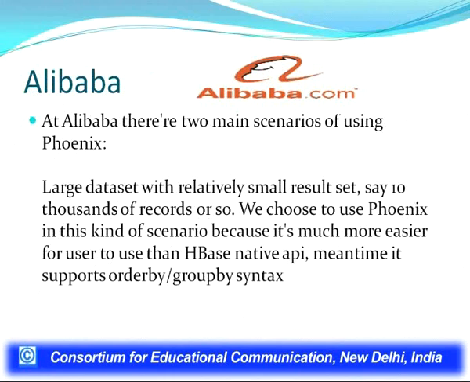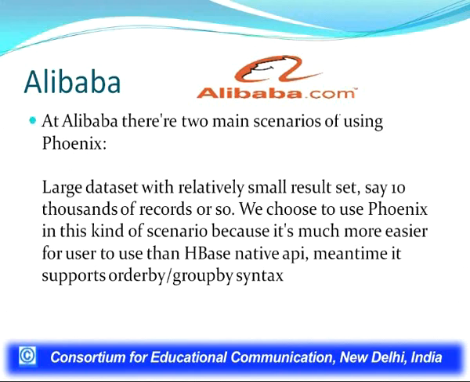Another one, you may know Alibaba.com, which is very popular. At Alibaba, there are two main scenarios of using Phoenix. One is a large data set with a relatively small result set, say 10,000 records or so.